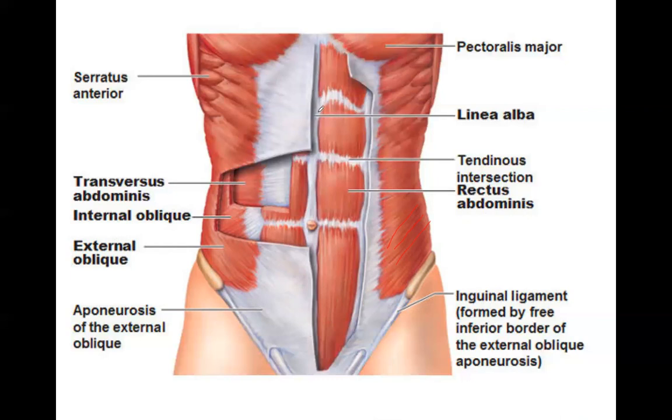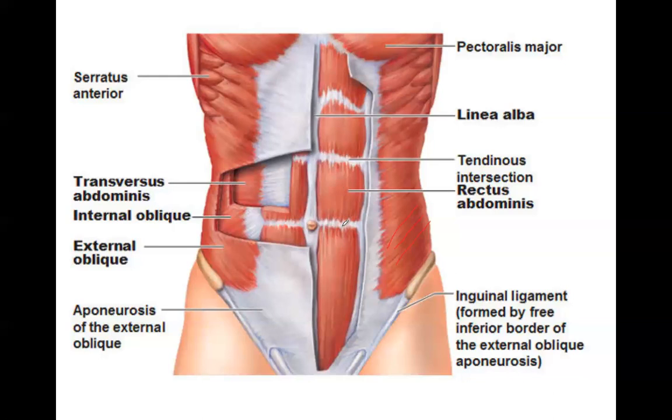And it looks the way that it does because it has tendinous intersections that split the muscle into separate muscle bellies. And this is the muscle that's visible on people who have very low body fat percentages. That's where the muscle bellies can be observed through the skin and through the aponeurosis, giving the appearance of a six-pack, or potentially up to a 10-pack, depending on how much of the rectus abdominis is visible.